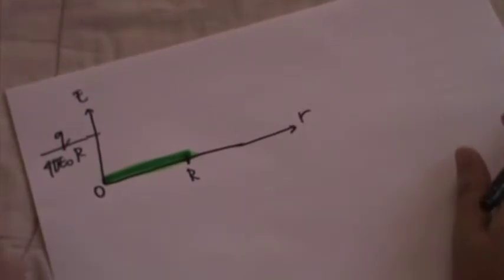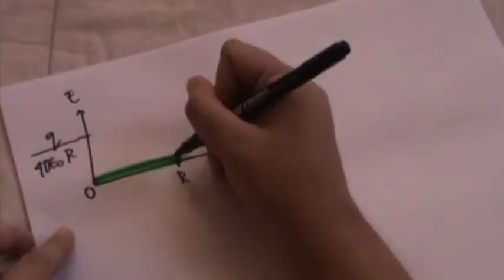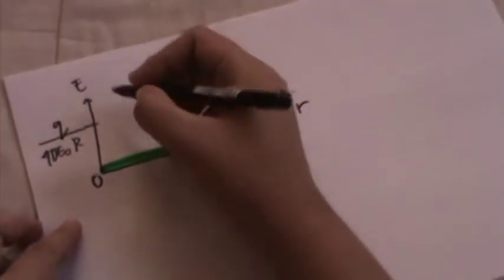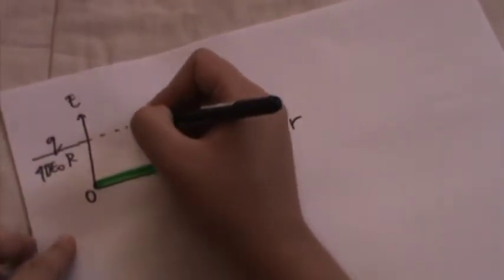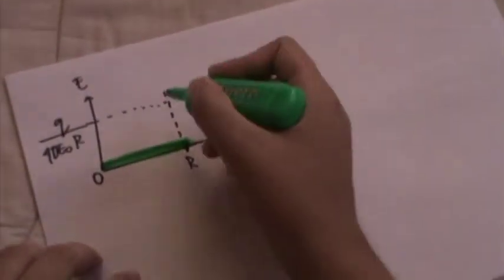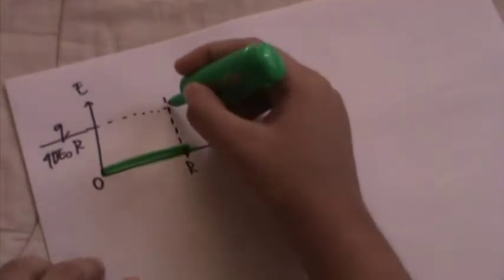Next, let us connect the inside to the outside. Okay, let's create a boundary here. If we graph this one, we'll have a sloping downward graph.